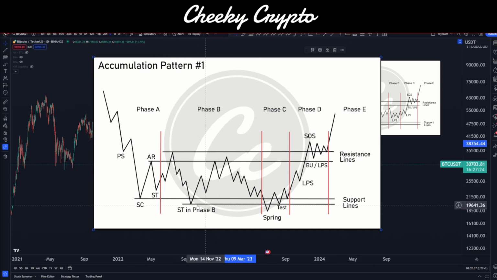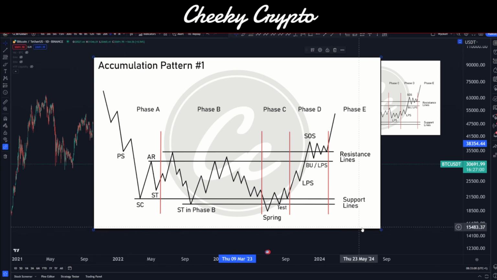Then we come down into a secondary test in phase B. We then move back up to the automatic rally, and then in this one here we come down into a new low for the spring event, where it then tests the secondary test of phase B. We move up, and then of course we move out of the danger zones. We find support on the resistance lines, and then we move out into phase E. We can kind of see that in here.